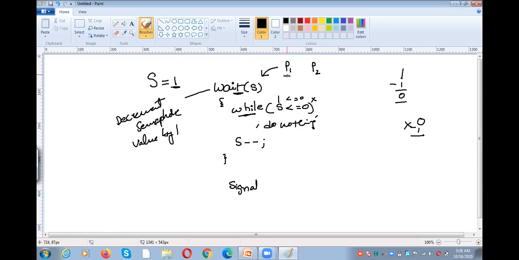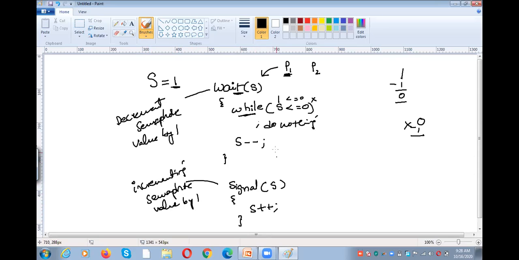After using the critical section, process P1 will perform the signal operation. What is the signal operation? Signal operation means incrementing the semaphore value by 1. Initially, when process P1 performs the wait operation, the semaphore value is converted to 0.